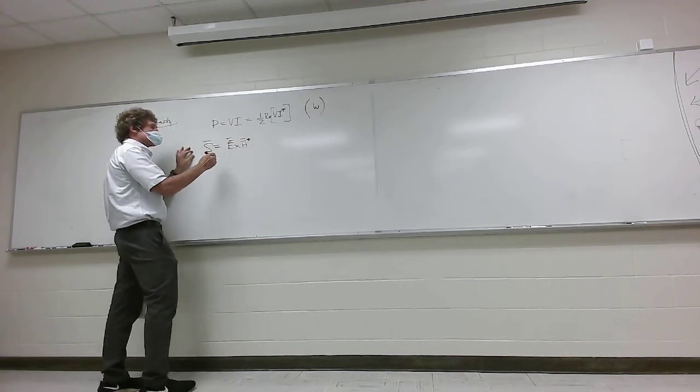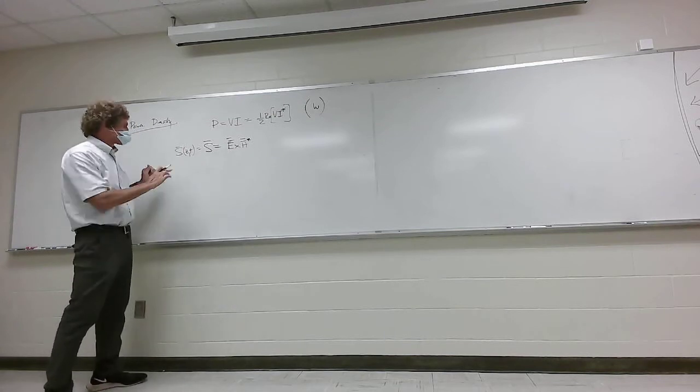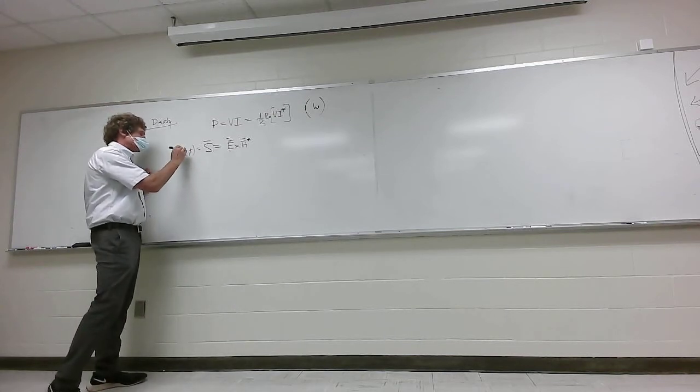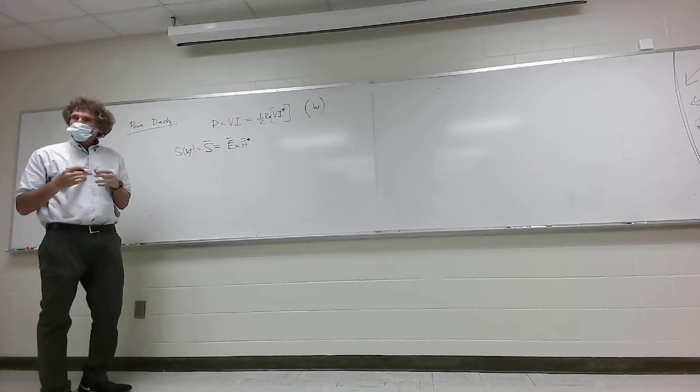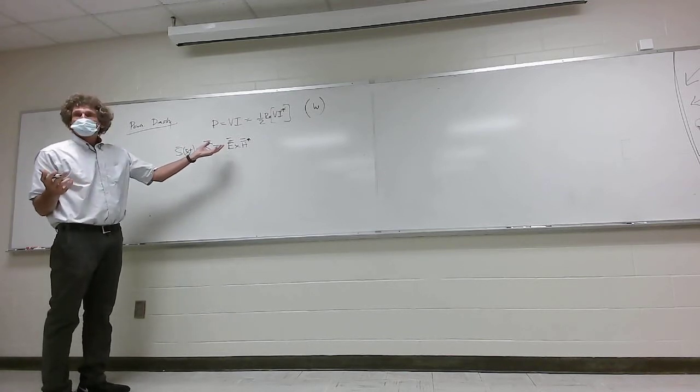Now S here, I should really put S vector as a function of z, t. It's really a function of spatial coordinates. The way they generally do that is just put x bar to indicate all spatial coordinates and time. This is an instantaneous quantity.